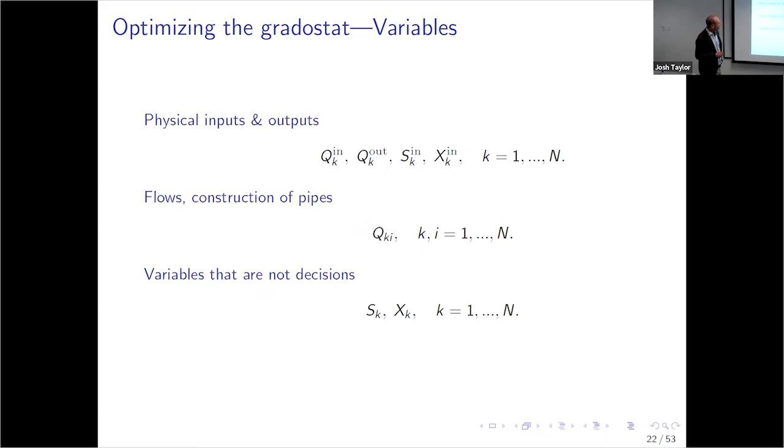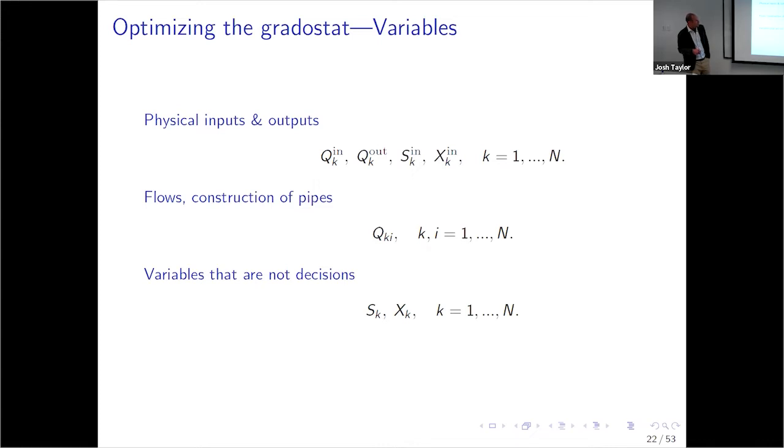We can have a lot of different decision variables, inflows and outflows. We might have some ability to influence the concentrations, for example, if we have biomass recirculation in the plants. We might also have the ability to control flows or the construction of pipes.